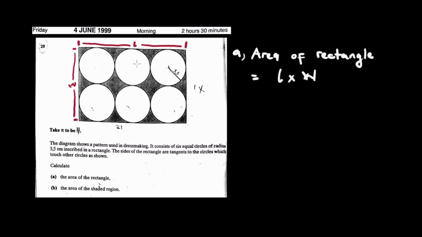Saka tinowana sei length. Taudzwa isusu kuti the radius of each circle is equal to 3,5 centimeters. Zvataurwa pa this sentence yakanzi it consists of 6 equal circles of radius 3,5 centimeters inscribed in a rectangle.